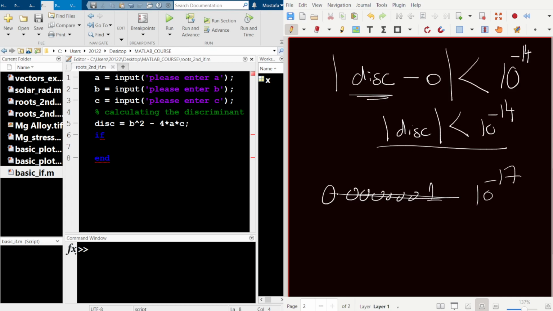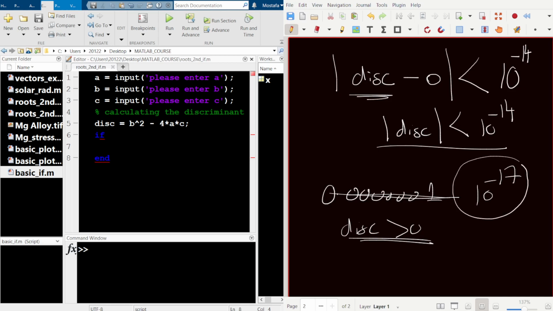So that's the value of the discriminant. But if you check that the discriminant is greater than 0 first, obviously 10 raised to power negative 17 is considered greater than 0, and then MATLAB will tell you, yes, it's greater than 0, so these two roots are real and different.